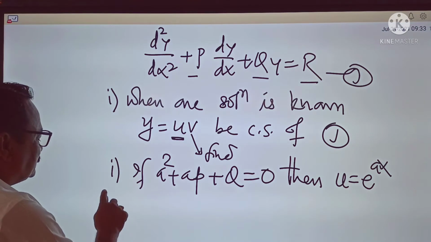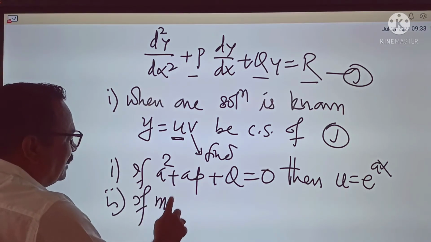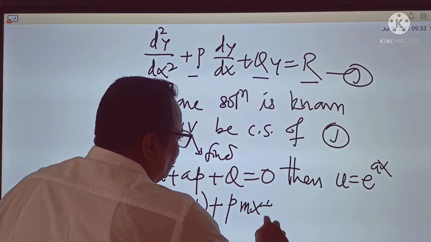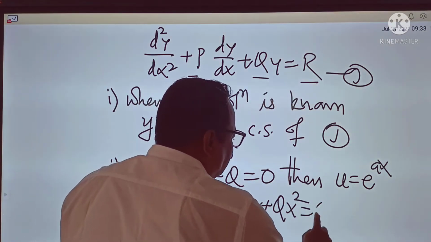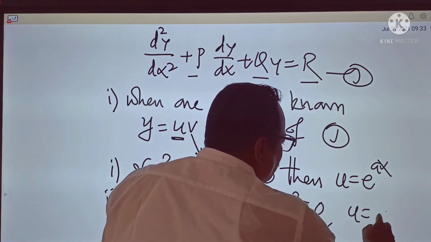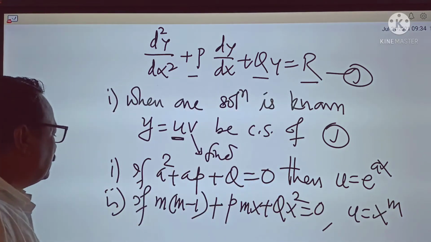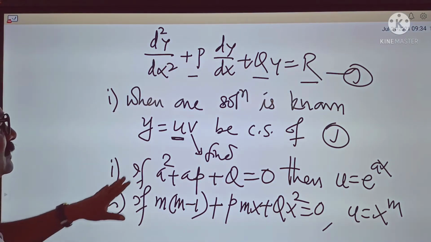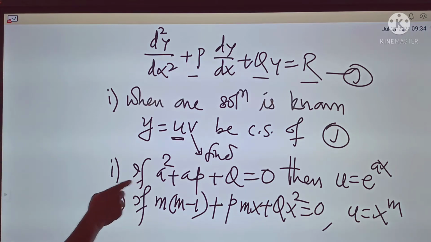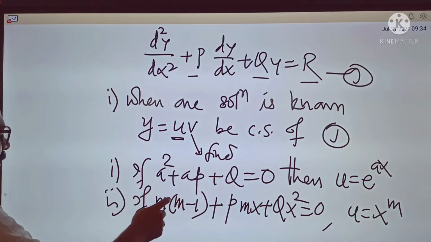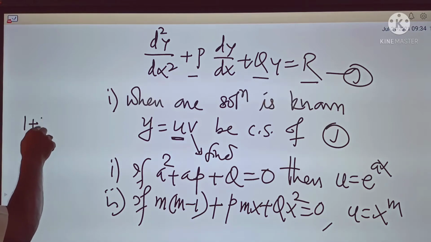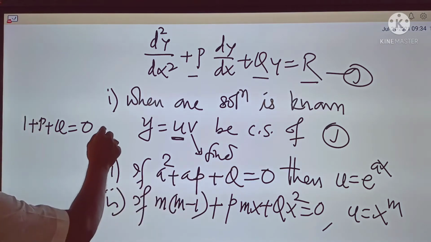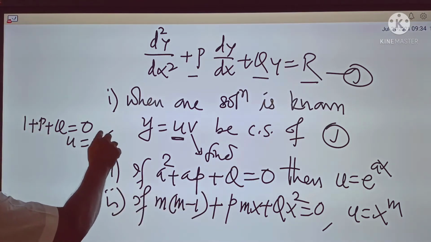Second, if m into m minus 1 plus p into mx plus q into x square is 0, then u is equal to x raised to m is a known solution. If we remember only these two, we get the known solution. If we put a is equal to 1 here, we get 1 plus p plus q is equal to 0, then the known solution becomes u is equal to e raised to x.